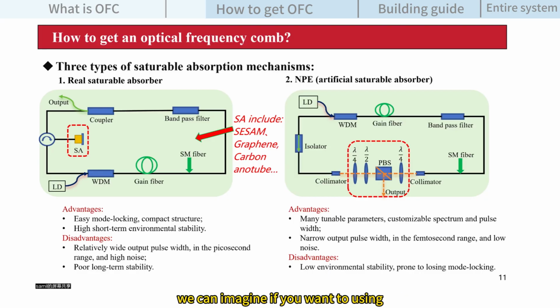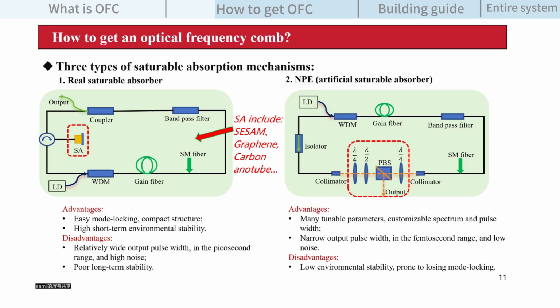We can imagine if you want to use such a laser for more than 1 year, 2 years, or 10 years, the material will get damaged. So the long-term stability is poor, and the pulse width is relatively wide, often in the picosecond range, and the optical noise is higher.